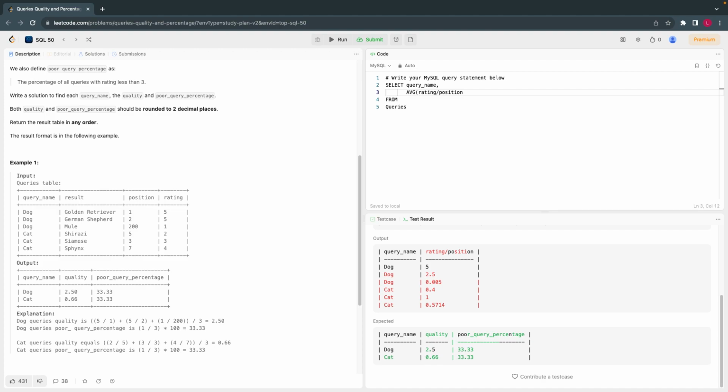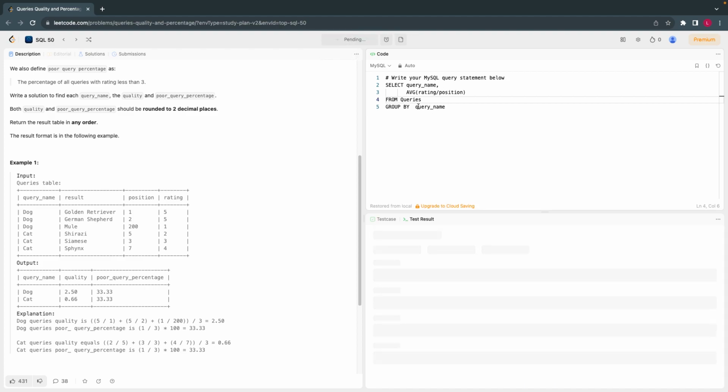When I take average, I obviously have to group by, because for each of these we have to sum these values and divide by the total count, which is nothing but average. Whenever I am doing average, I have to group by query name. So I'll use this. Let's see what we get.